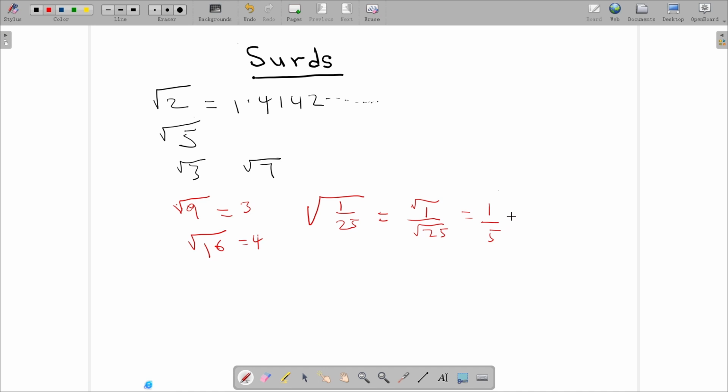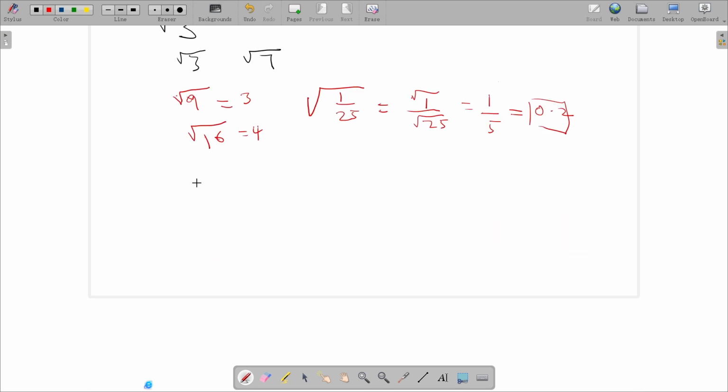Therefore, this is not a surd because it's a rational number. We can even find the answer of 1 over 5, which is 0.2. Therefore, square root of 1 over 25 cannot be said to be a surd.